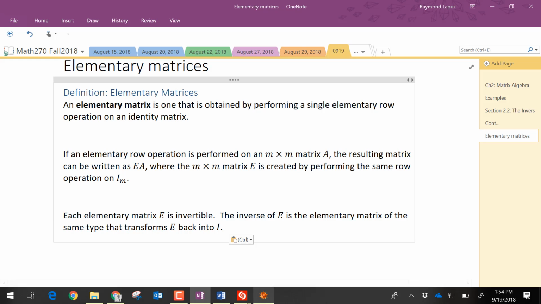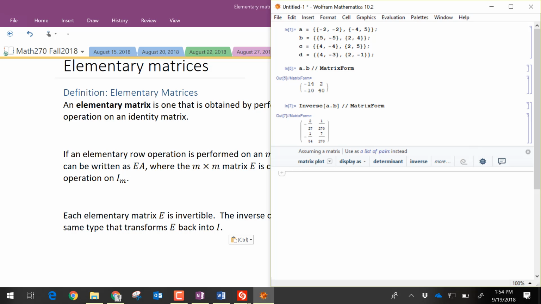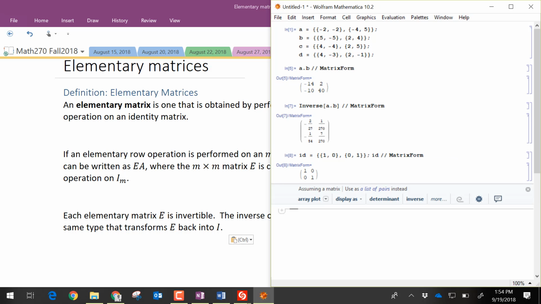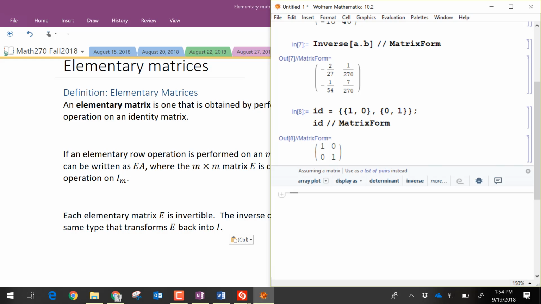So it's interesting that if we take an elementary matrix, an elementary matrix would be the identity matrix, and then it does something to it.